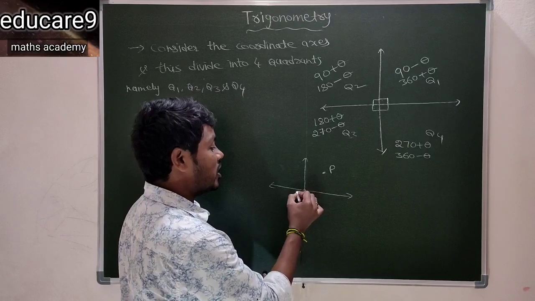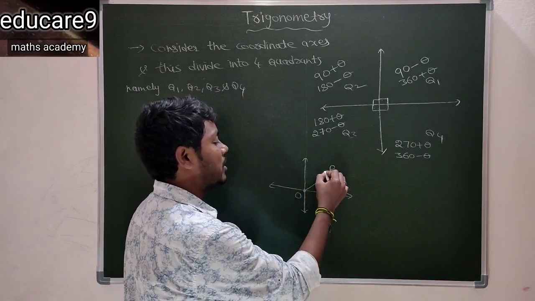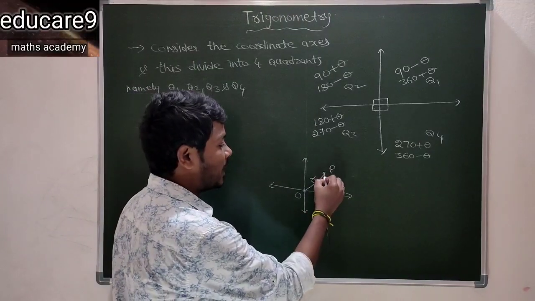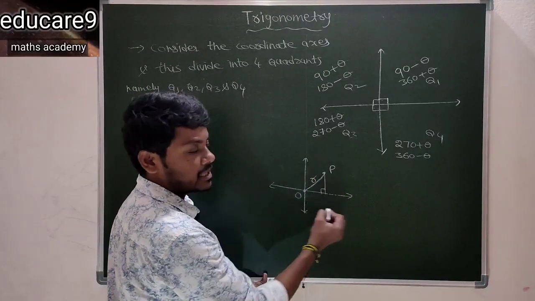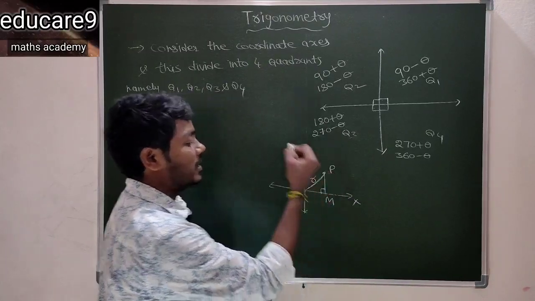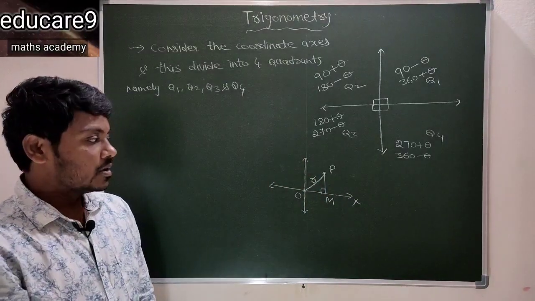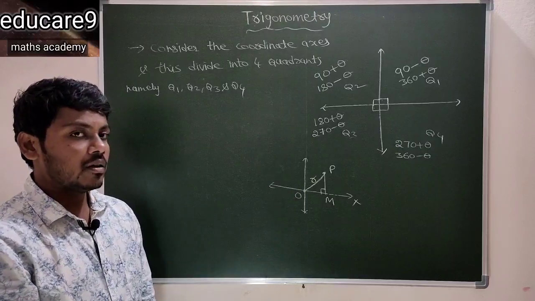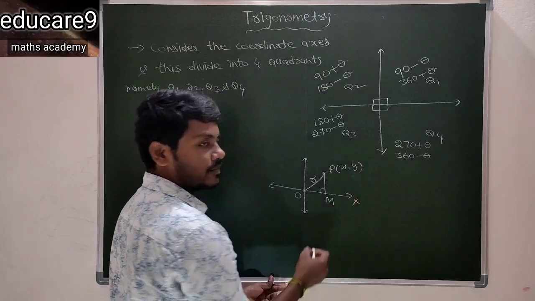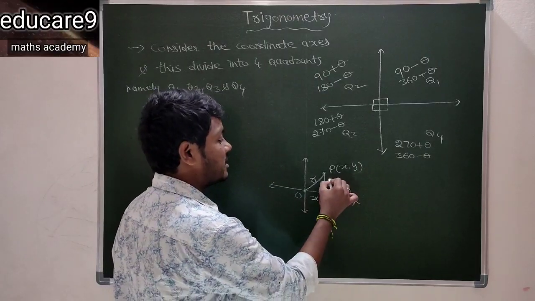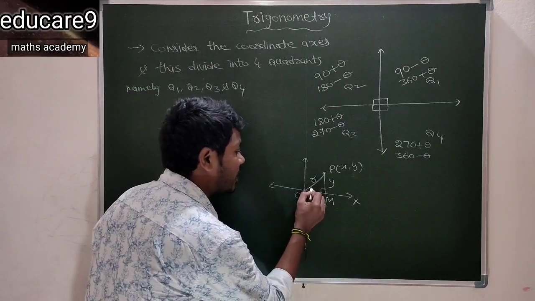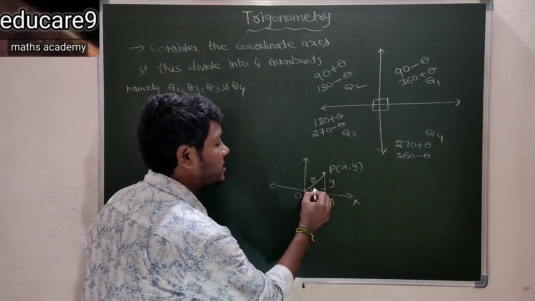So this is the origin, so join OP, suppose this is r, and draw the perpendicular line from P to the x-axis and meet at some point M. So from this triangle, suppose this point is (x, y), this is x distance, this is y distance. Suppose the angle between OP and OM is theta.